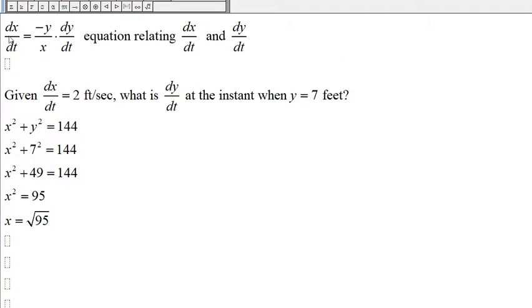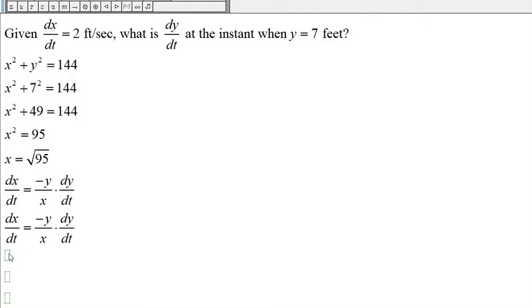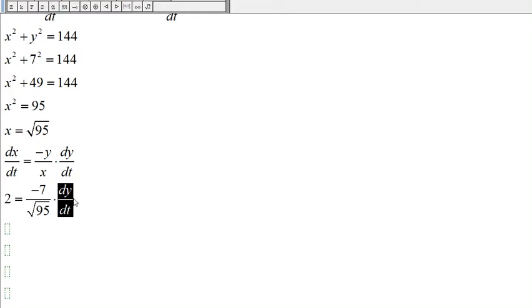And then we want to find dy/dt. So we're given that dx/dt is 2 feet per second, and at the instant when y is 7, then right here we get the square root of 95, and then solving for dy/dt, we get negative 2 divided by this.